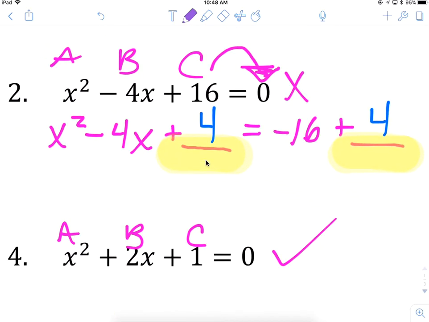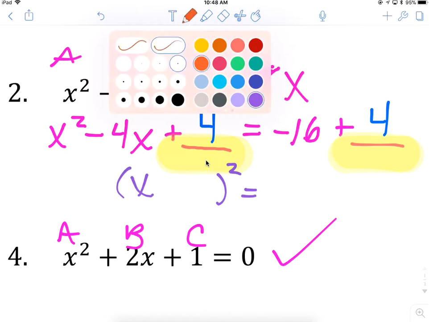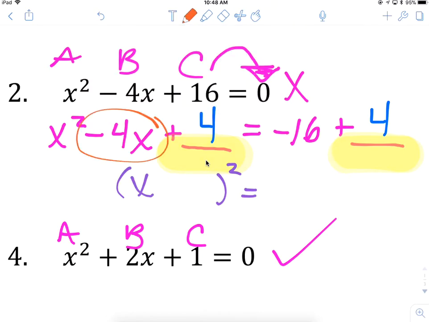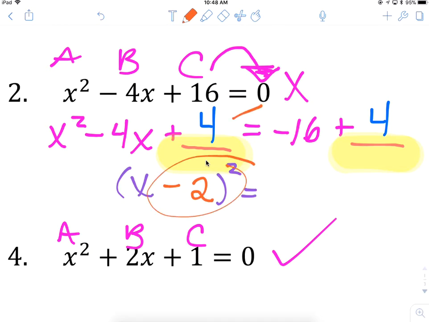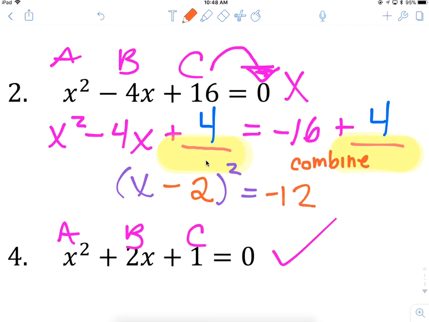Problem 2. Remember, our idea is to set up something squared. We're keeping our x, and we're asking ourselves, what was half of this b number? Half of that was a negative 2, because negative 2 squared made this 4, right? All right, so if I'm keeping my negative 2, we are now going to combine what's left over here. Okay, so if I combine that, I'm left with a negative 12. So this is my final piece right here.